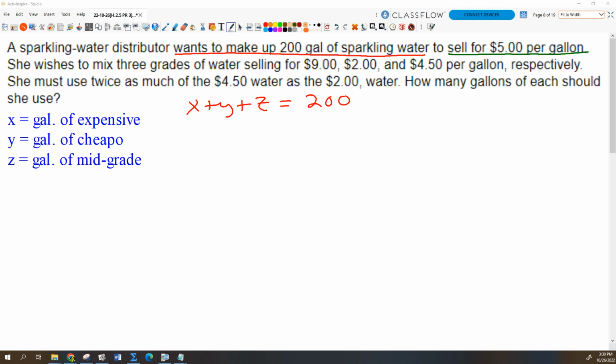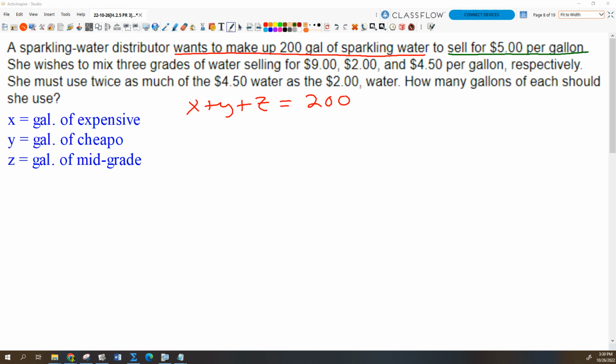She wishes to mix 3 grades of water. Would that make sense? So here's the hint: if she wants this to sell for $5 per gallon, then how much should all of the water cost in total? 200 times 5.